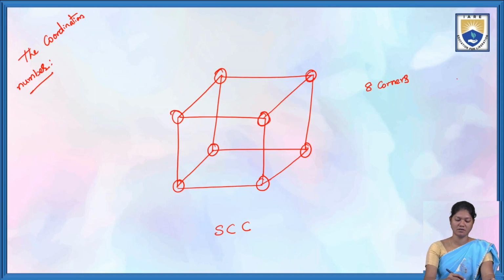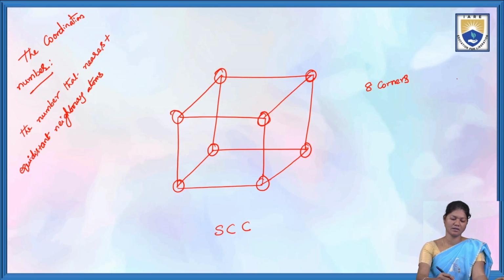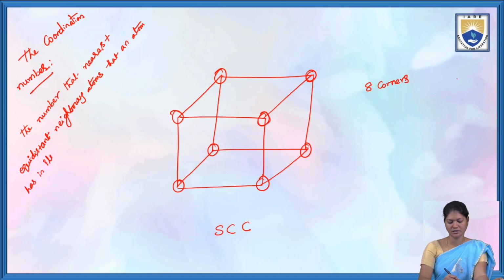Coordination number is the number of nearest equidistant neighboring atoms that an atom has in its unit cell.